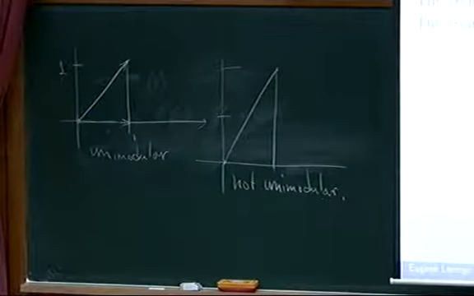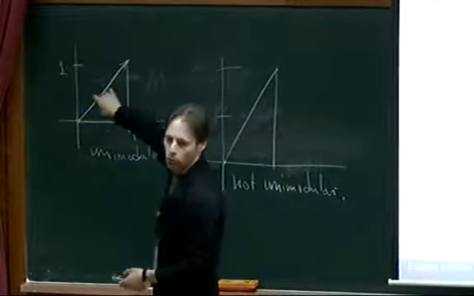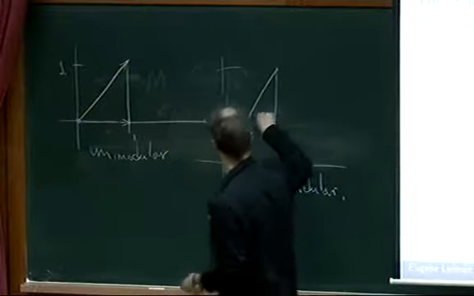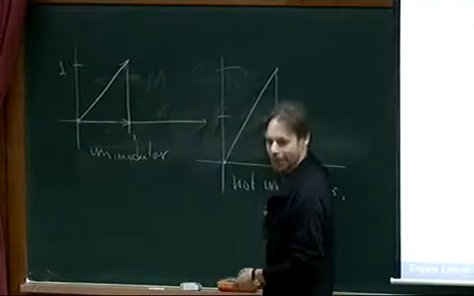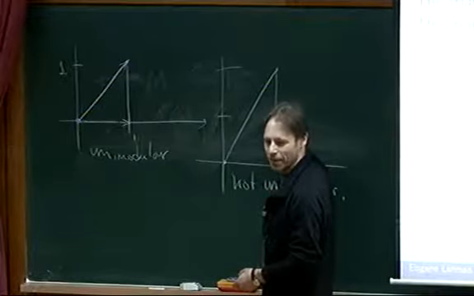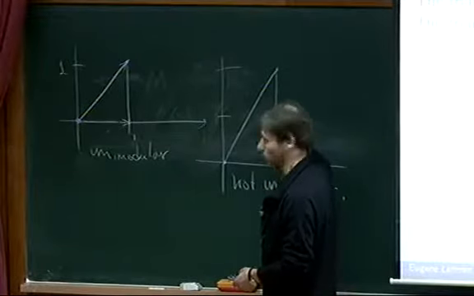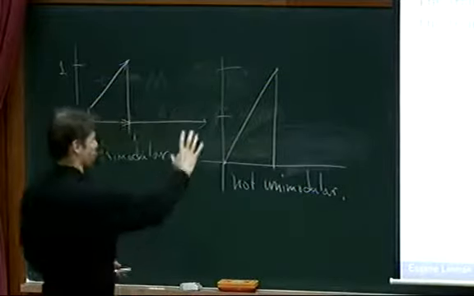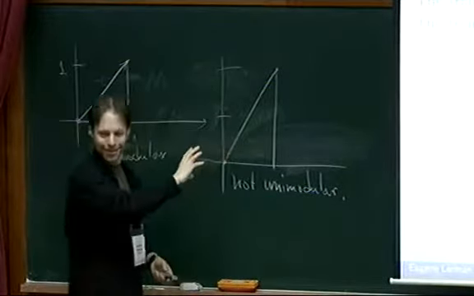Right. So part of the content of Delzant's theorem is that if you see a polytope like this, you know there is a symplectic toric manifold. The image of the moment map would look like this. And if you see a polytope like this, there isn't one. Well, there are different ways of saying what corresponds to this.